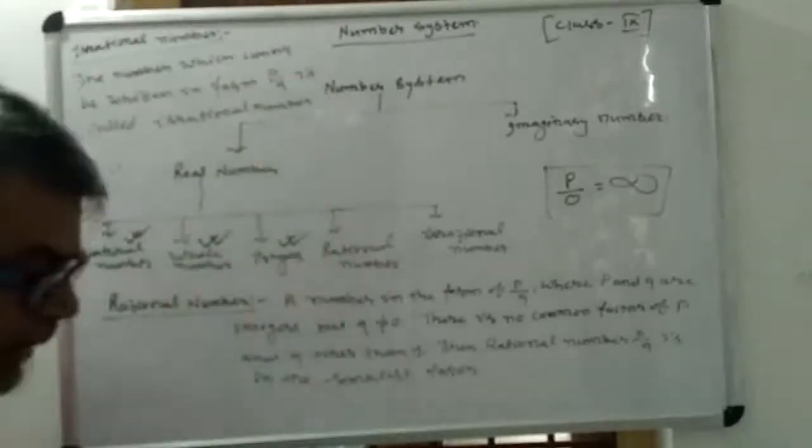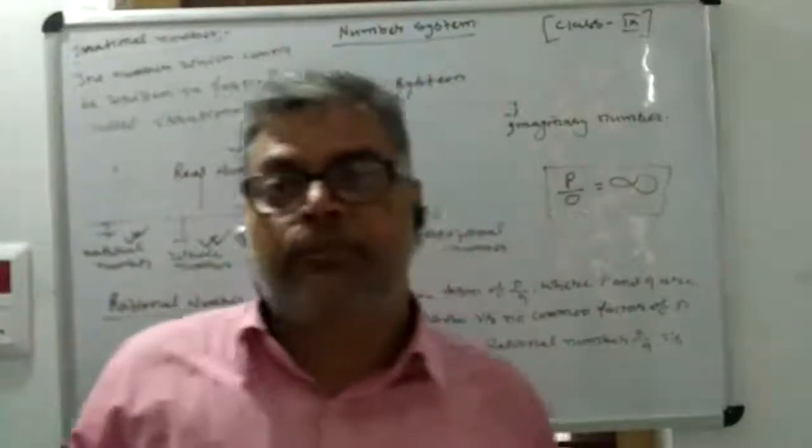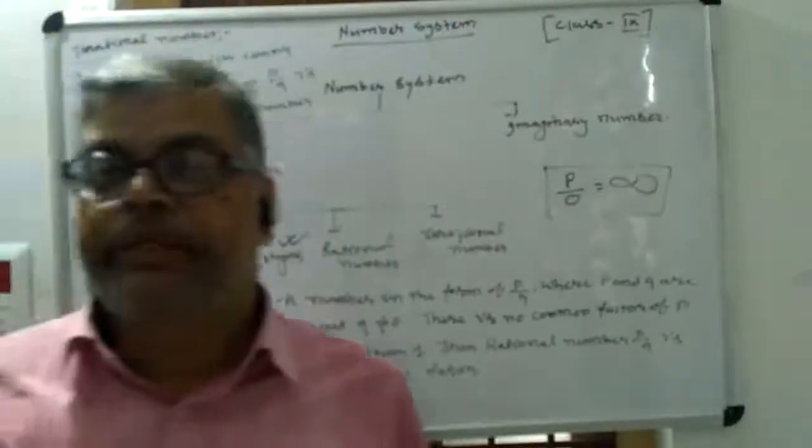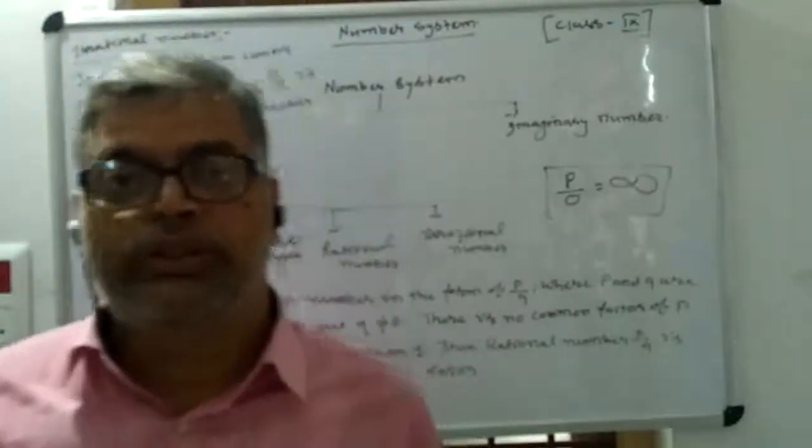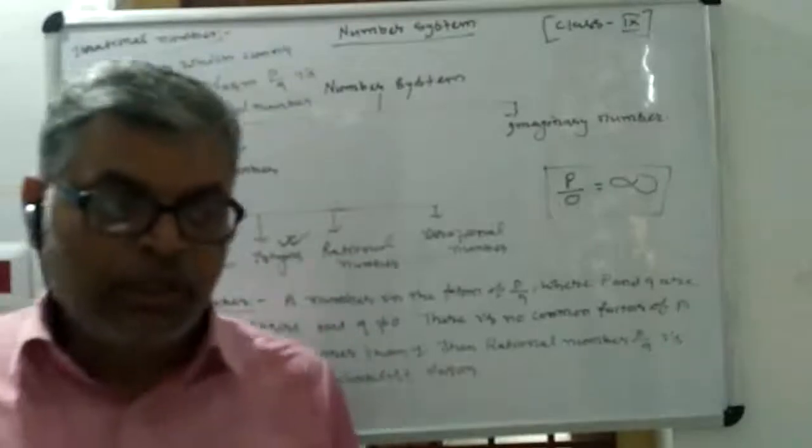It means an irrational number cannot be expressed in the form of p by q, where p and q are integers and q is not equal to 0.